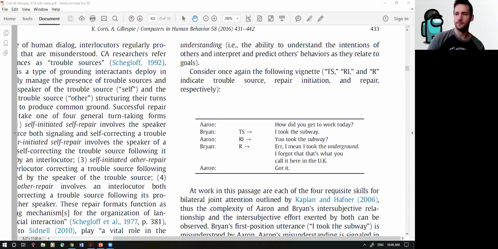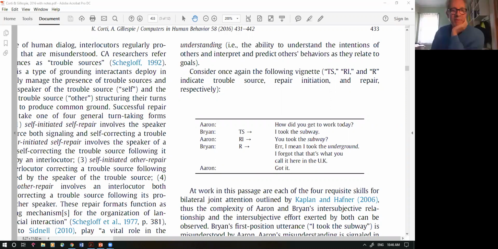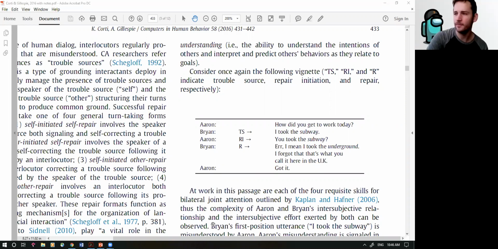Can you repeat that again, because my dog was just barking frantically? Oh yeah, I was wondering if the chatbot was closer to creating a dialogue that seemed natural, if the interactant would treat it with more benchmark intersubjectivity.